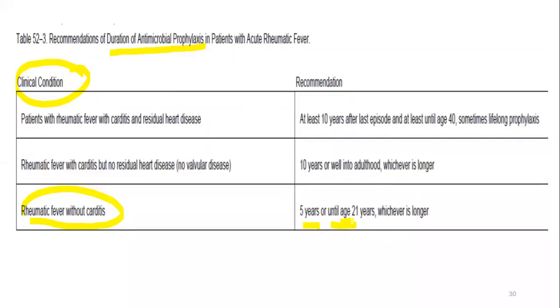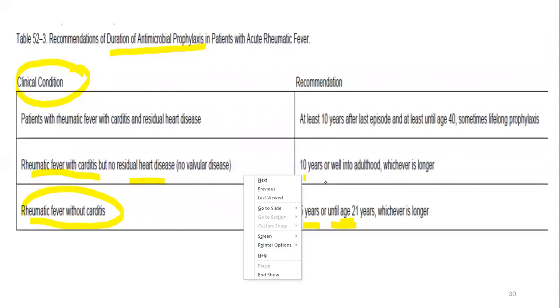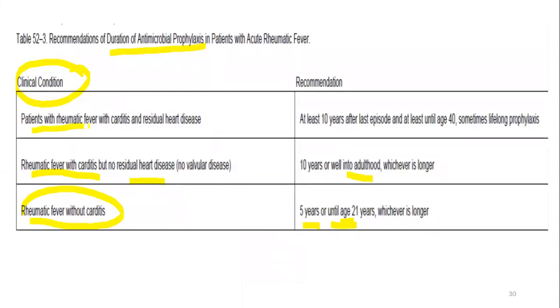The next case is a patient with rheumatic fever with carditis but no residual heart disease. We can consider 10 years of prophylaxis, or well into adulthood, whichever is longer. If a patient has rheumatic fever with carditis and residual heart disease, at least 10 years and at least until the age of 40 is usually recommended.